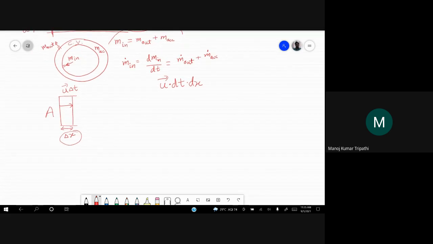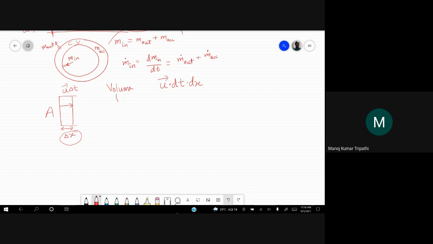So u dt times A, that is what? Actually not flow rate, this is the total volume that goes in time delta t or in time dt.